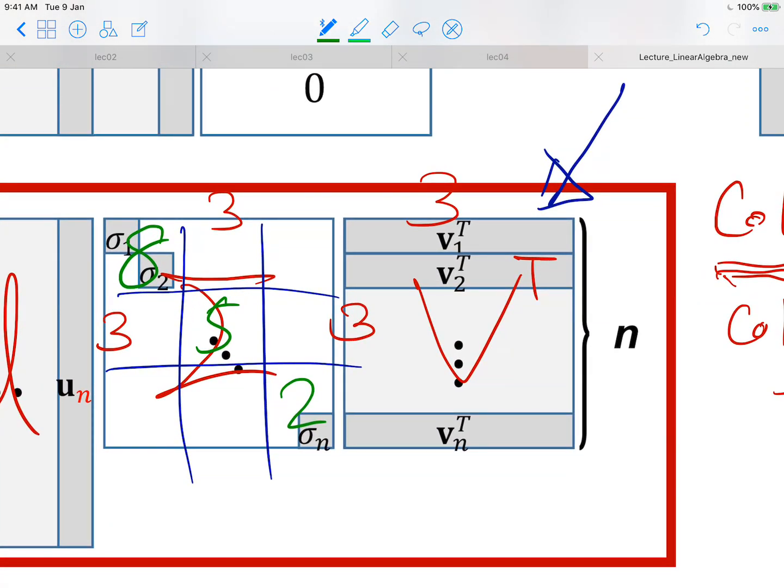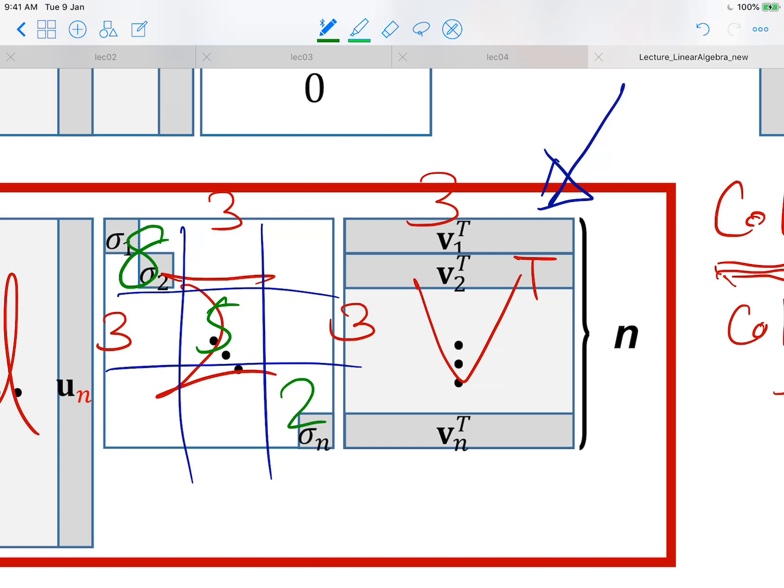But suppose the number of non-zero singular values is strictly smaller than the minimum of m and n. Here m is 5 and n is 3, so the minimum of the two is 3.